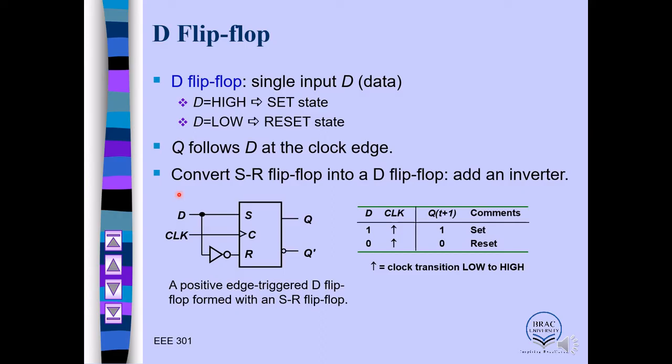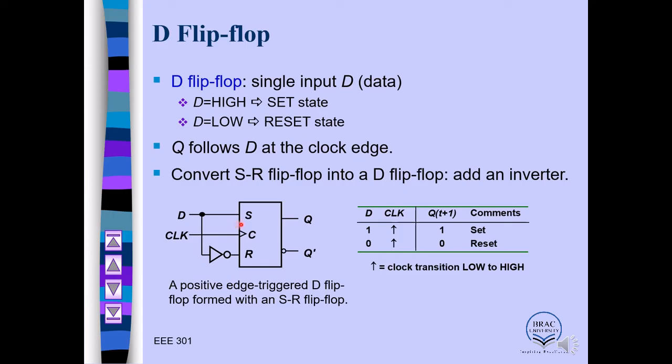Convert the SR flip-flop into a D flip-flop. How can you do it? You just need to add an inverter. Previously, in the SR flip-flop, this was your S and this was your R, but here you use an inverter, so the input is inverted and connected here. Now you have a single input instead of two inputs, and you also have the clock.